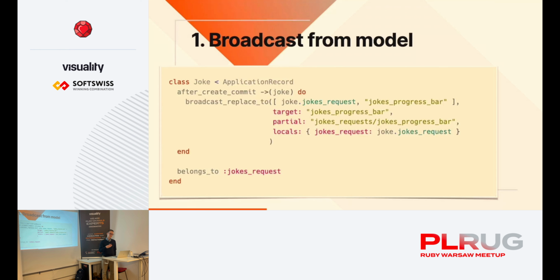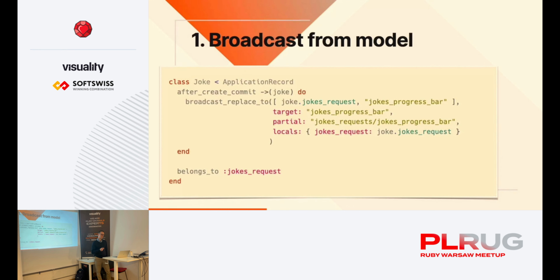If you include the Turbo Rails gem in your application, you can use the API that is provided. There are methods like broadcast, which means broadcast the change to some open stream, a Turbo Stream.